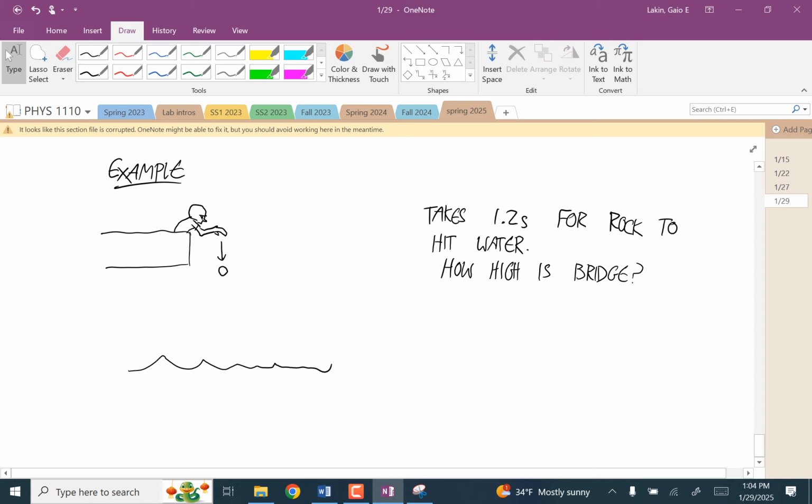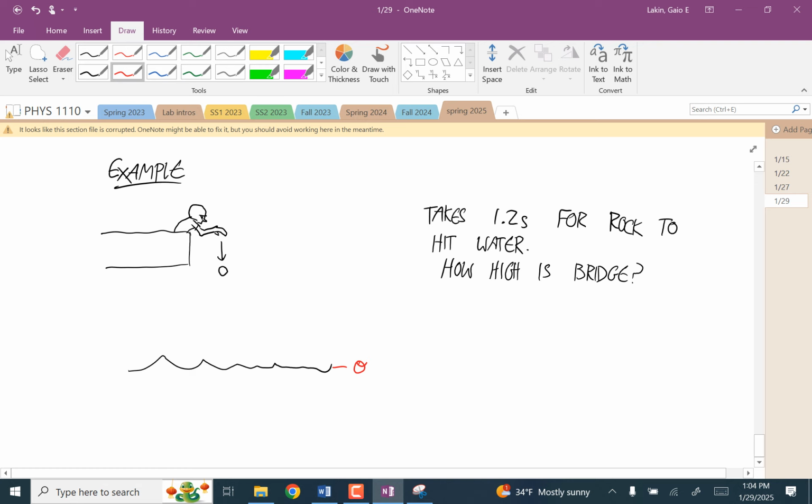So this is a free fall projectile motion problem, but the approach is exactly the same as every other constant acceleration problem. I'm going to choose a zero position and a positive direction. For these, I think it's helpful to always choose those the same way. So I'm always going to choose my zero position at the lowest spot in the problem.